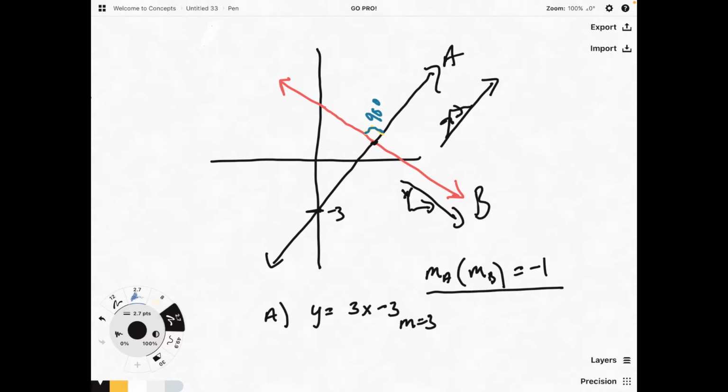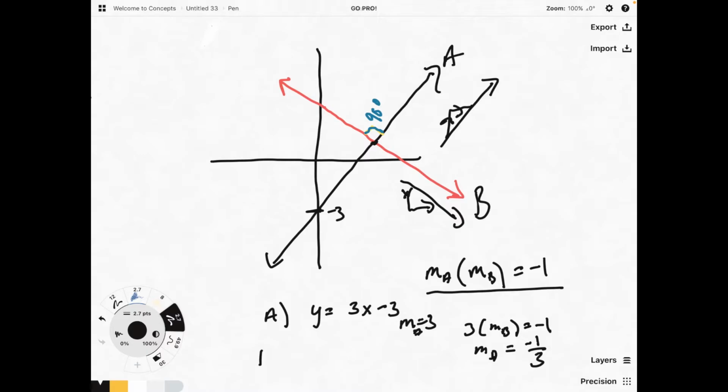So if we have the slope of A, we can plug that in, and that gives us 3 times the slope of B equals negative 1. Solving for the slope of B, we get negative 1/3 is what the slope of B has to be for B to be perpendicular with A.